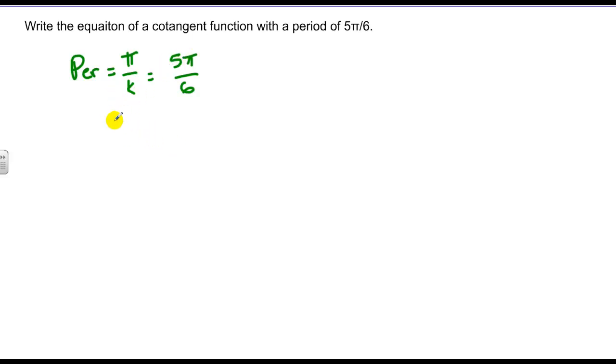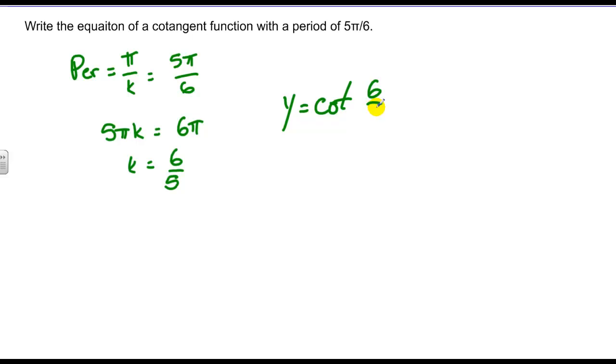Again, if I want to find k, I say 5 pi k is equal to 6 pi by doing the cross product. Therefore, k is equal to 6/5. And therefore, we can say, well, y is just equal to cotangent of 6/5 theta, and be done.